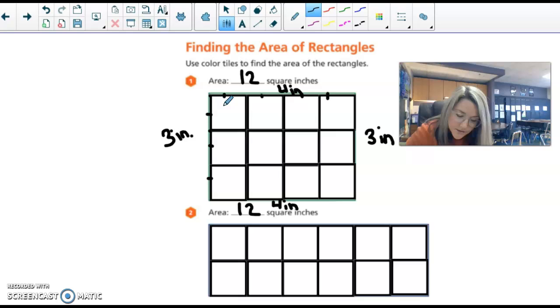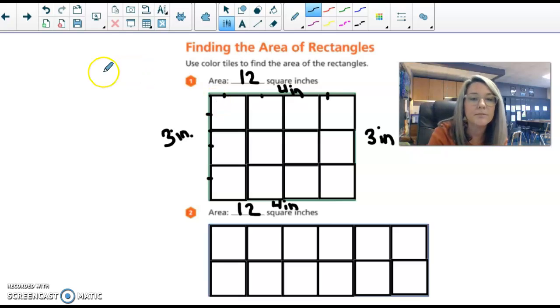Do you think that this rectangle is going to have the same perimeter? Well, it has the same area, so let's see if it has the same perimeter.